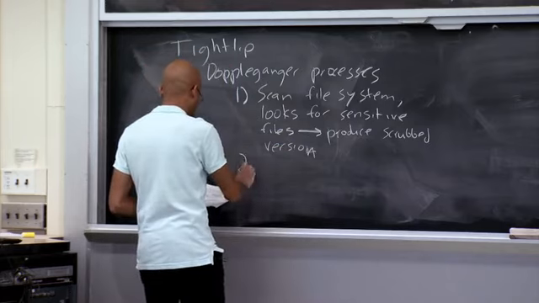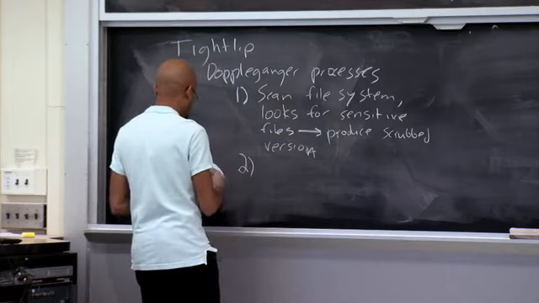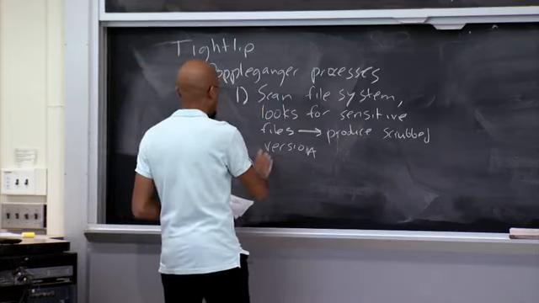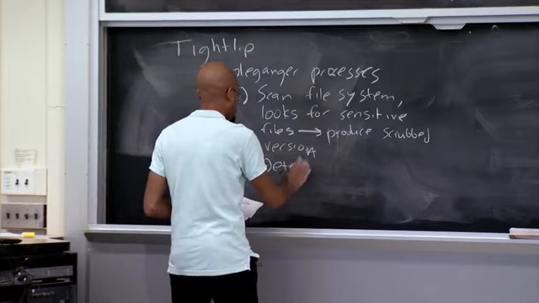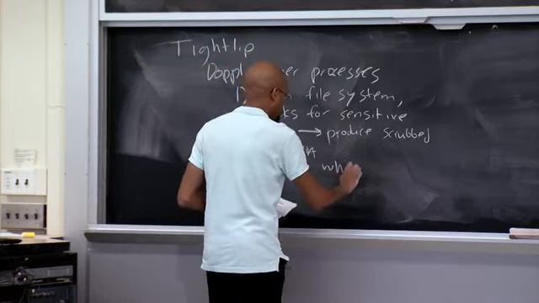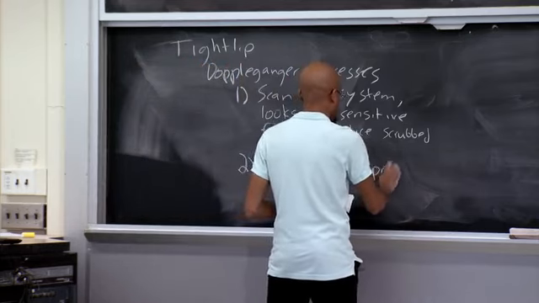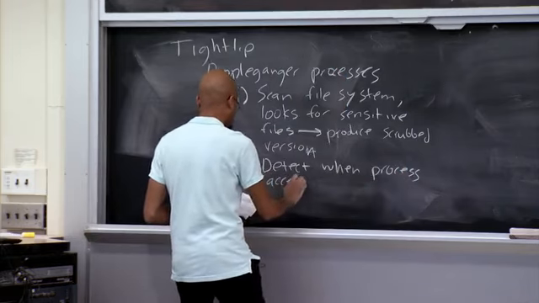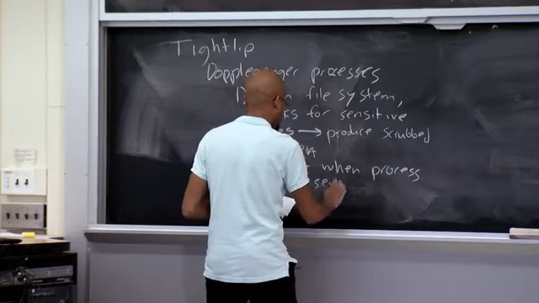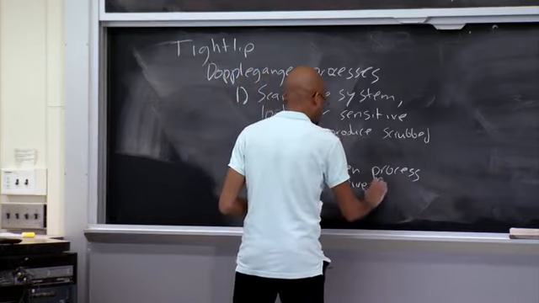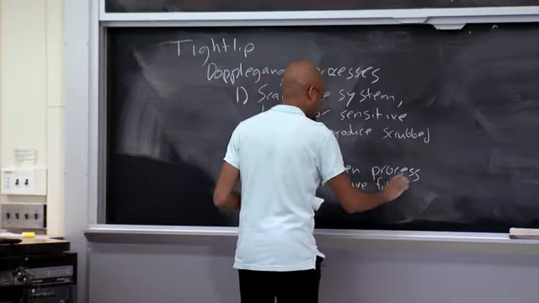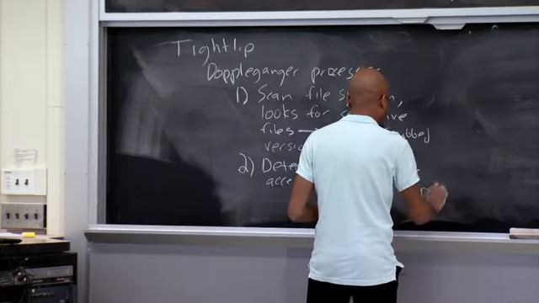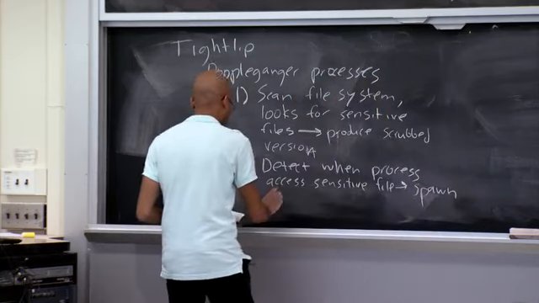Then the second thing it's going to do is, at some point a process is going to start executing. And then taint is going to detect when and if the process tries to access a sensitive file. If such an access does take place, taint is going to spawn one of these doppelganger processes.